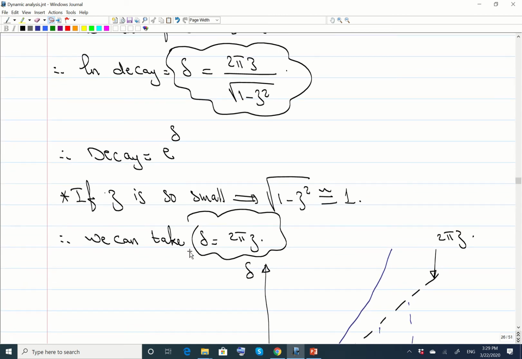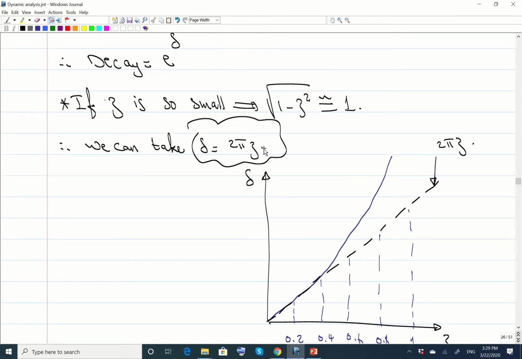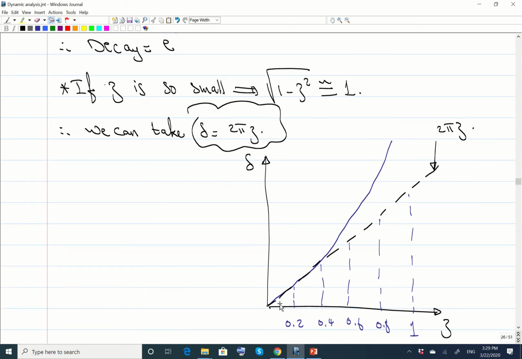So we can take delta as 2 pi zeta, ignoring this, since it is going to be 1. So how much is the limitation where you can ignore this 1 minus zeta squared? As you see here, this is 2 pi zeta ignoring the square root 1 minus zeta squared, and then here this is 2 pi zeta divided by square root 1 minus zeta squared.